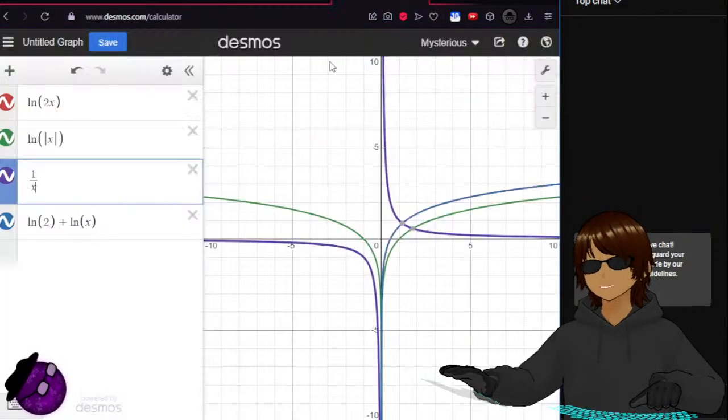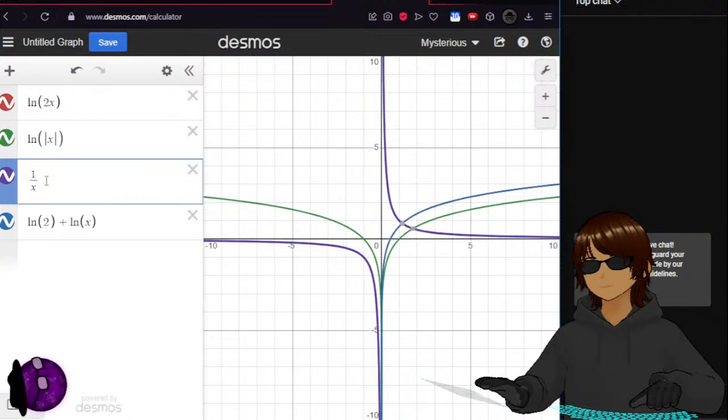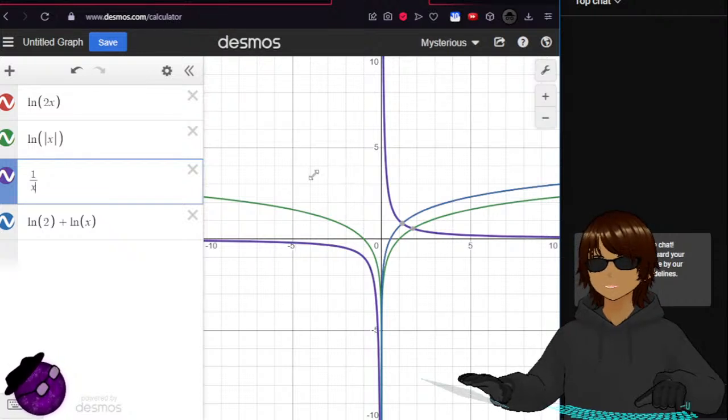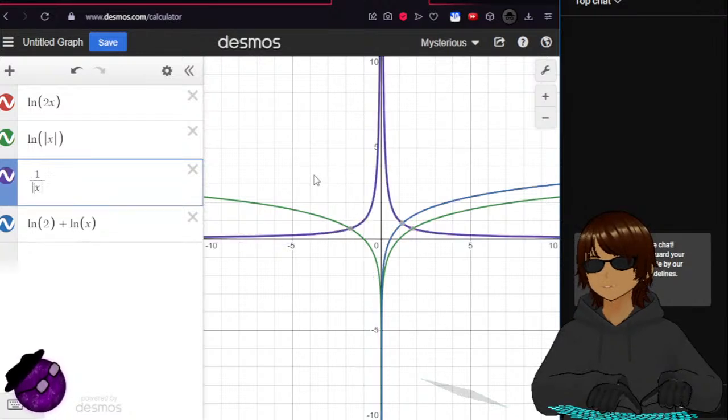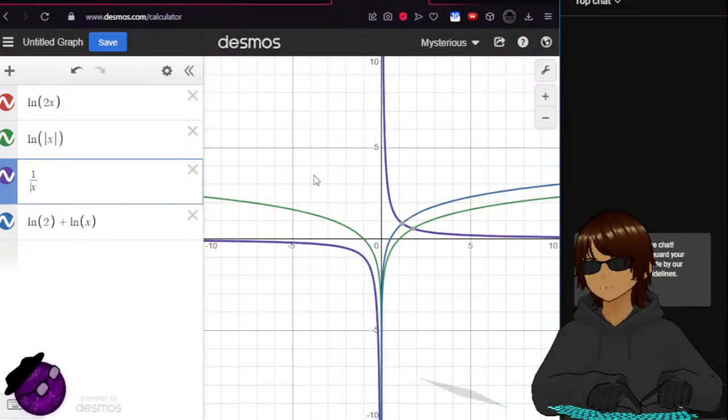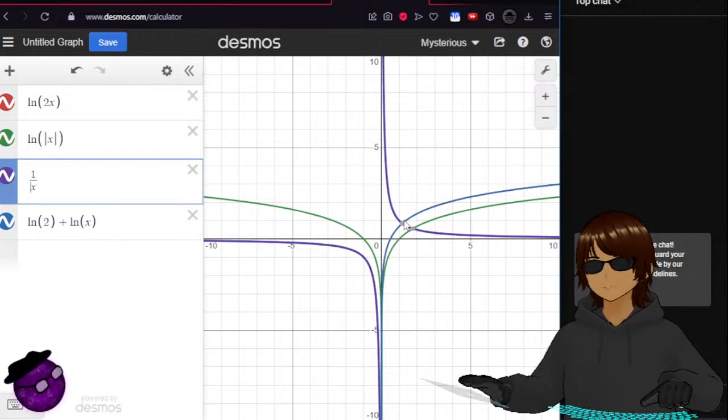I'm slightly confused on why the antiderivative of 1 over x is ln of x, ln of modulus of x. I did this. Yeah, this would make sense. This doesn't make sense.